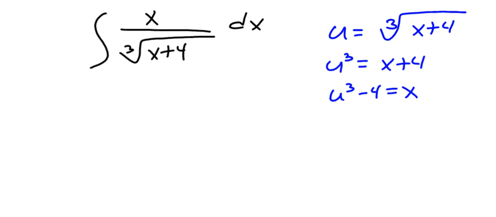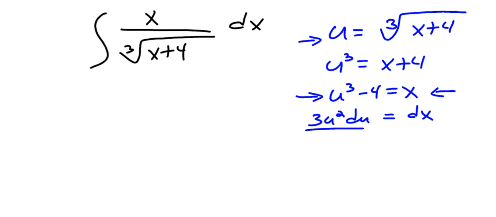And then I'm going to be able to substitute this equation in for x, and then I need to take the derivative of this equation. So I'm going to end up having 3u squared du is equal to dx. So I took the derivative of both sides of this equation, and because of the implicit differentiation of this equation, I had to multiply it by du dx, and then from here, I went ahead and multiplied both sides by dx.